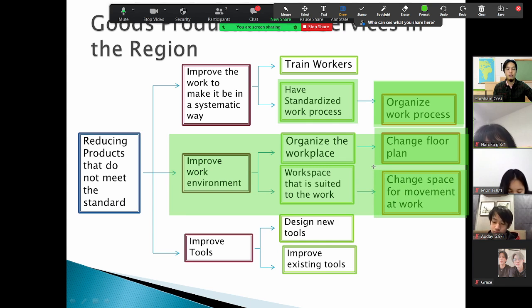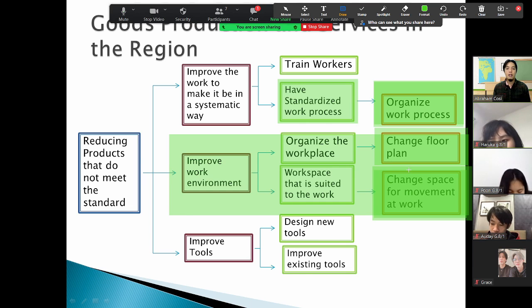Let's say you put the machine on step 1 and you put the product on step 1, the next step should be step 2, right? Therefore the machine for step 2 should be already beside the machine for step 1, something like that. So this is how you change the floor plan.